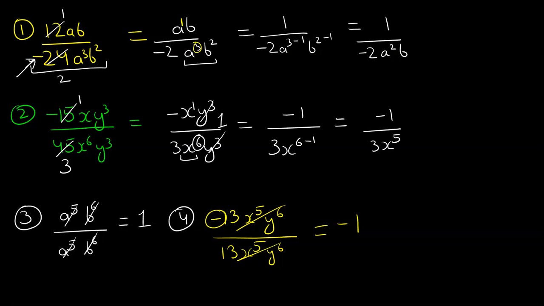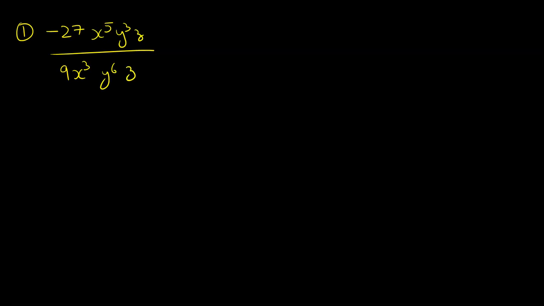Okay, so I want you to do one of these problems, and if you can do this it will be great. So we have negative 27 x to the power of 5 y cube z over 9 x to the power of 3 y to the power of 6, and z has the power of 2, or z square.